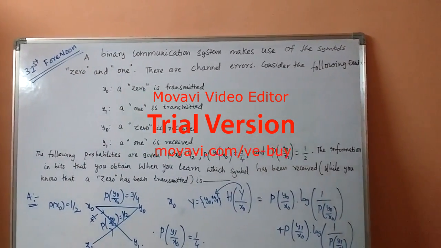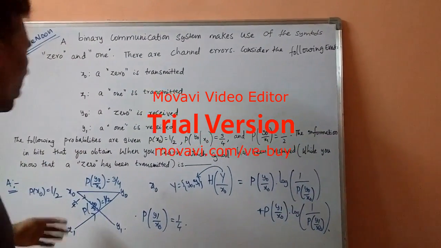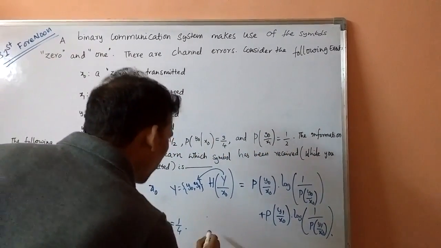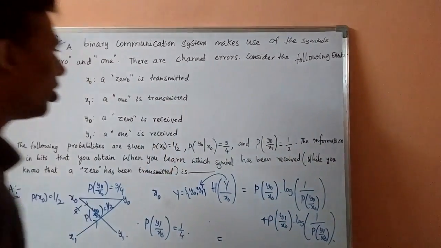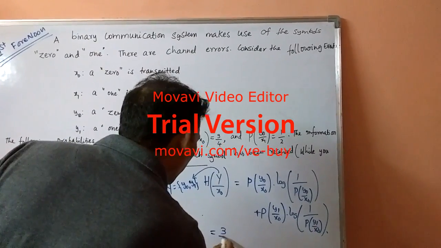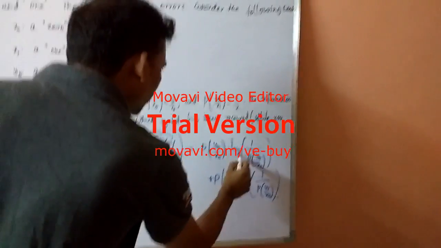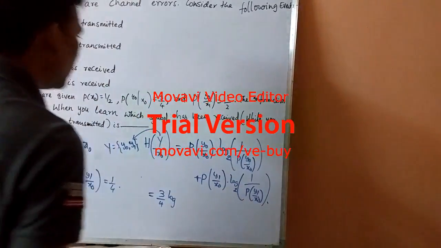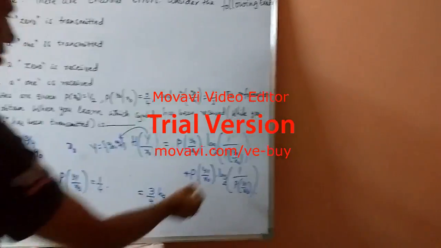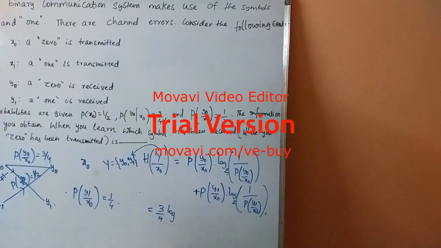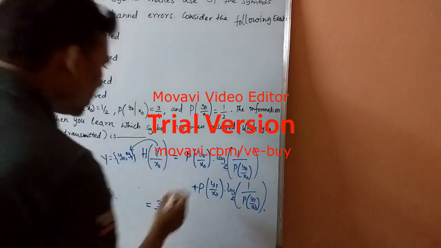So the conditional entropy of the receiver, H of Y by x0, is equal to probability of y0 by x0, which is 3 by 4, into log, of course here the base is 2. Why? Because the question is asked in terms of bits, so in the entropy the base is always 2 if it is bits.